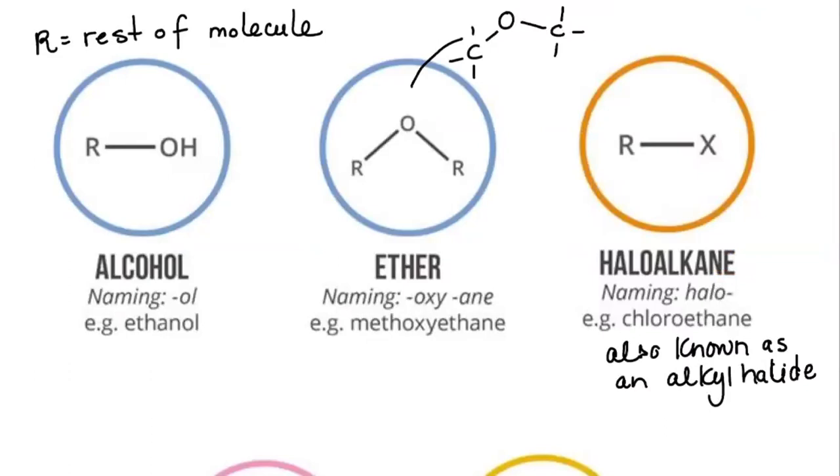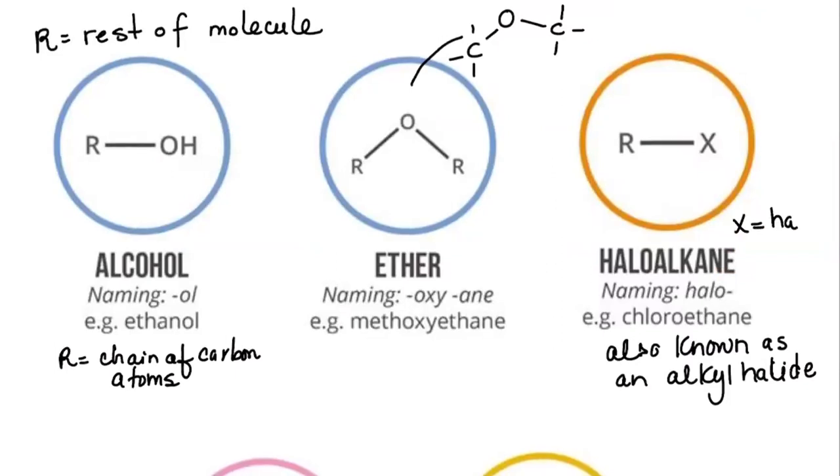So let me just make sure that you guys have here. R is a chain of carbon atoms for any of these. So whenever you have a carbon chain that is bonded to a halogen, okay, which is represented here by the letter X, this is going to be a halogen.